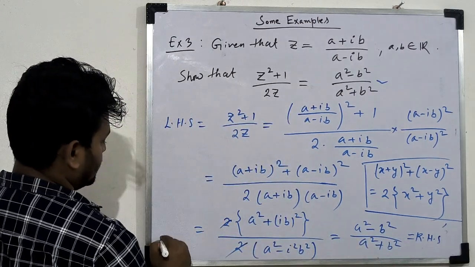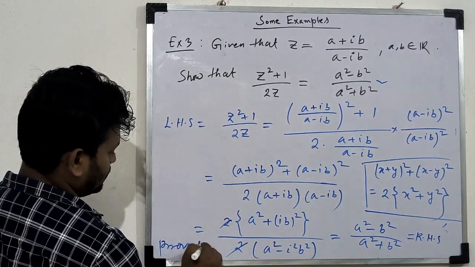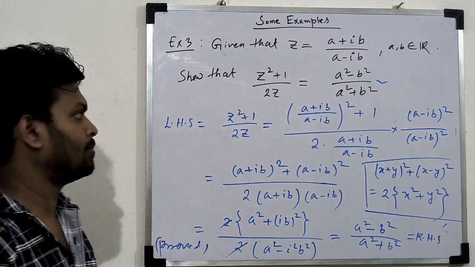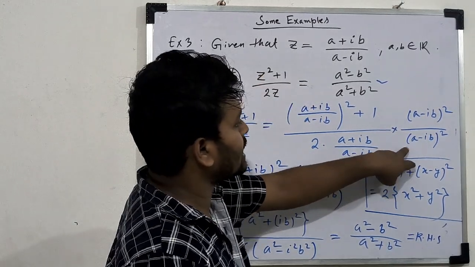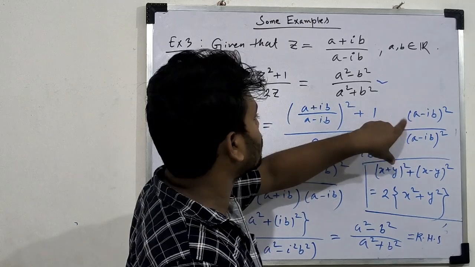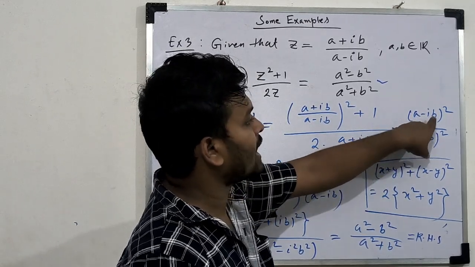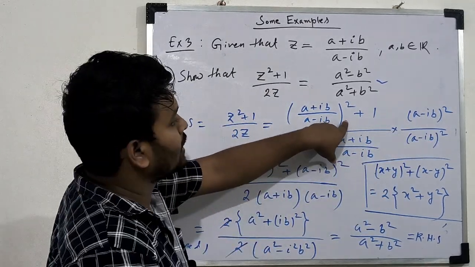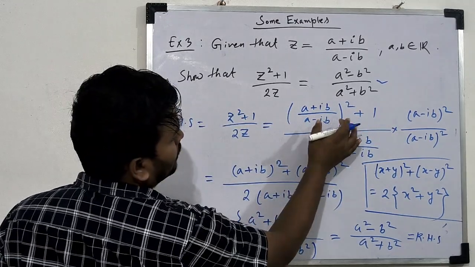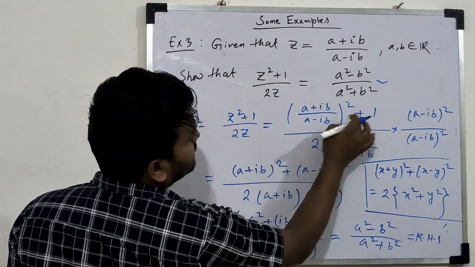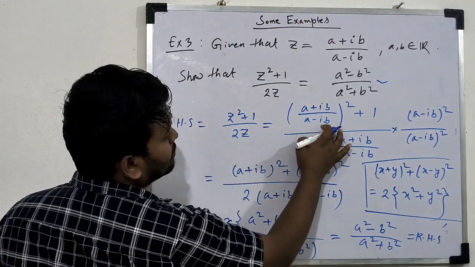So simply we prove this. This is a very simple problem. Directly we put here, one calculation is here, that is we multiply both numerator and denominator by a minus ib whole square. So if you calculate this, from this we get a fraction which contains a plus ib whole square plus a minus ib whole square divided by a minus ib whole square.